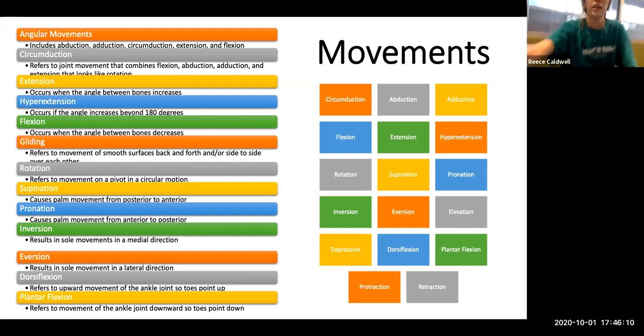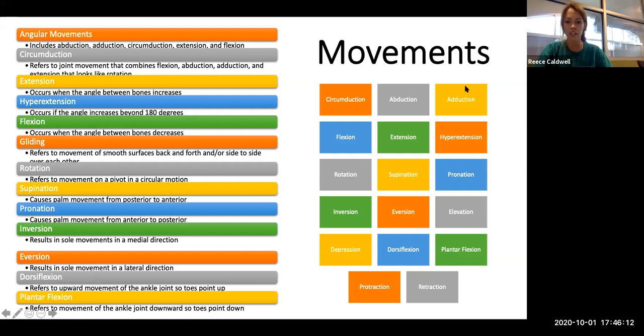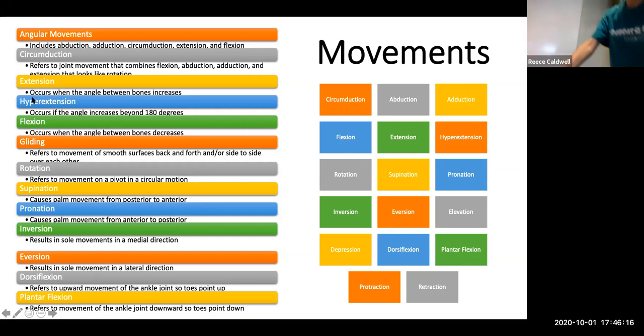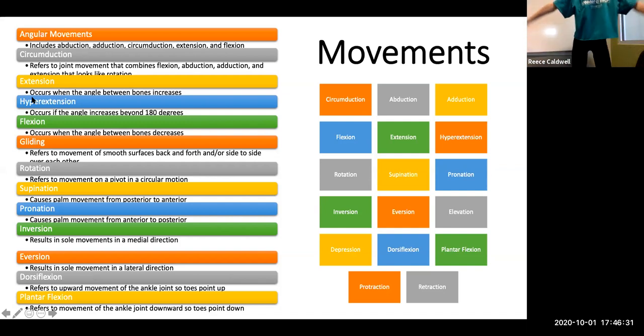And then we also have abduction and adduction. So this is abduction, that is abduction, adduction. Anything that's being taken away from midline, you're being abducted.